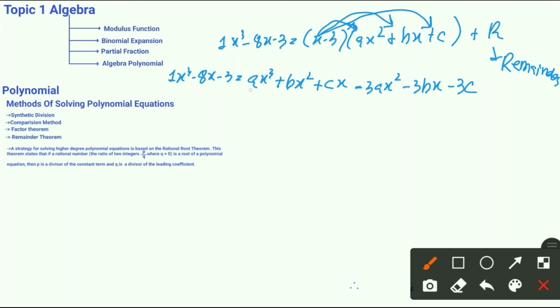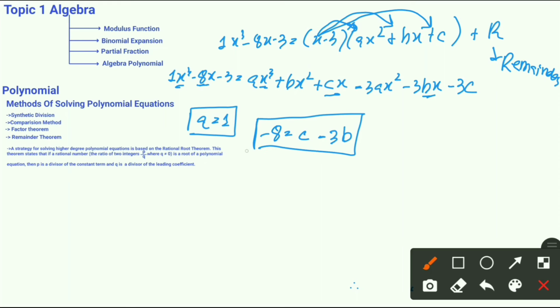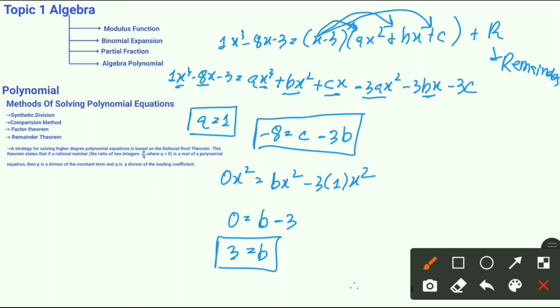Now doing the comparison, x cube and x cube, which means a equals 1. For x terms, minus 8 equals c minus 3b. What about x square: 0 equals b minus 3, so b equals 3.